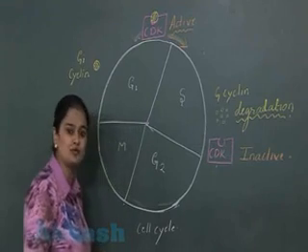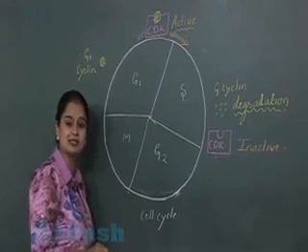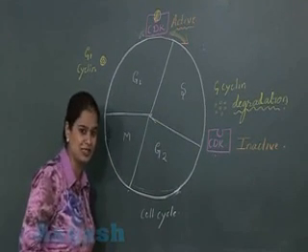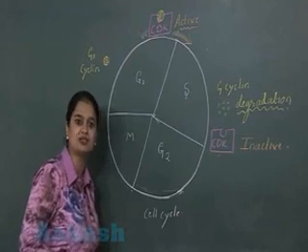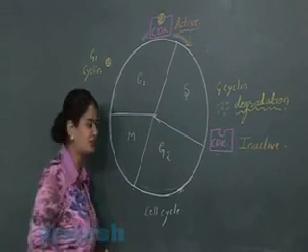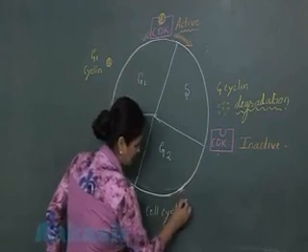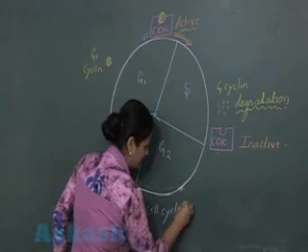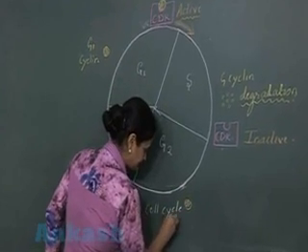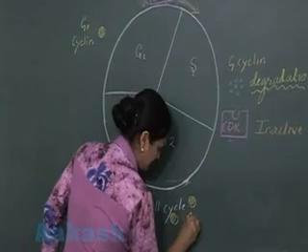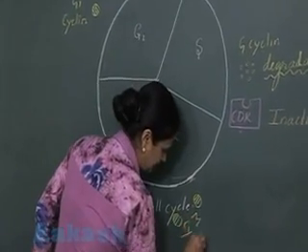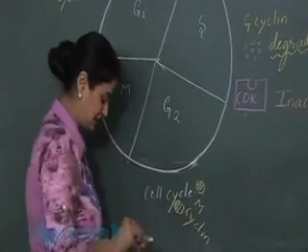Now in the G2 phase, again there is synthesis of cyclin protein. The cyclin protein which is formed here is M cyclin.